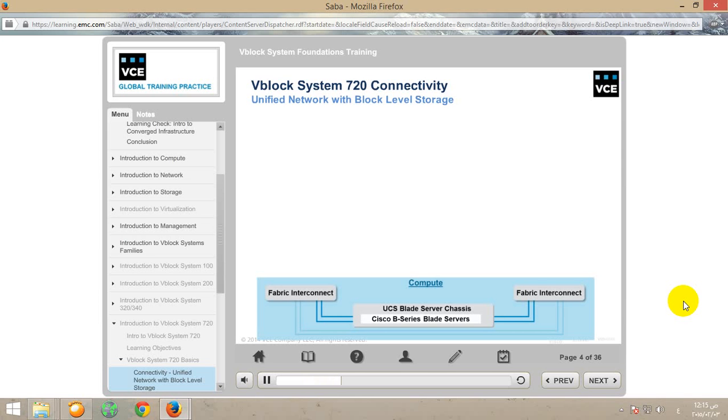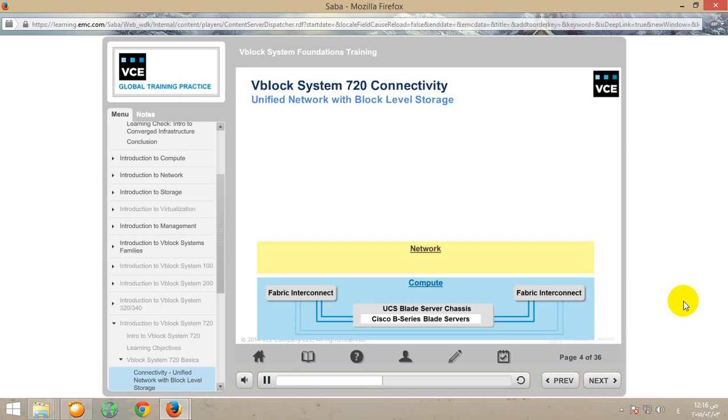However, a vBlock System 720 can have up to 5 UCS domains, which means that it can contain many more chassis and pairs of fabric interconnects than is found on other vBlock systems. You'll learn more about Cisco UCS domains and how vBlock System 720 models achieve great capacity in a couple of minutes.